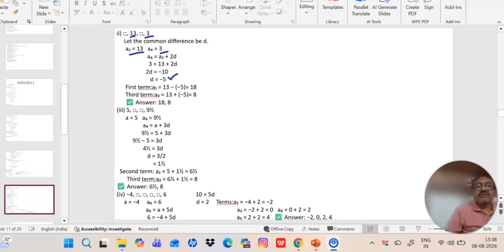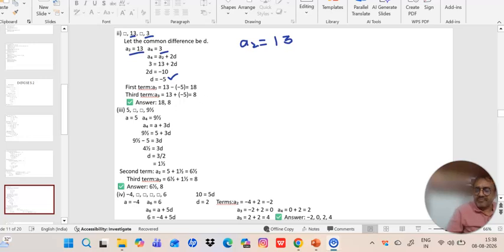Second method. A2 is given. What is A2? A2 is equal to 13.